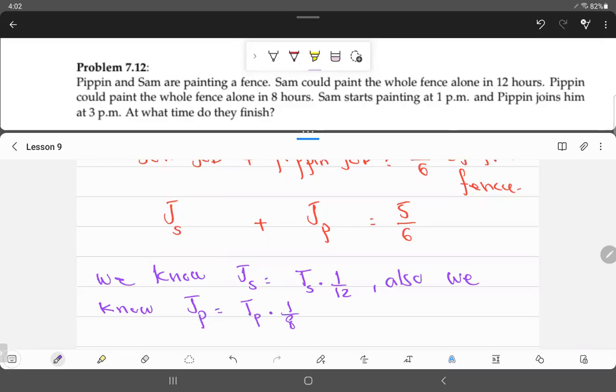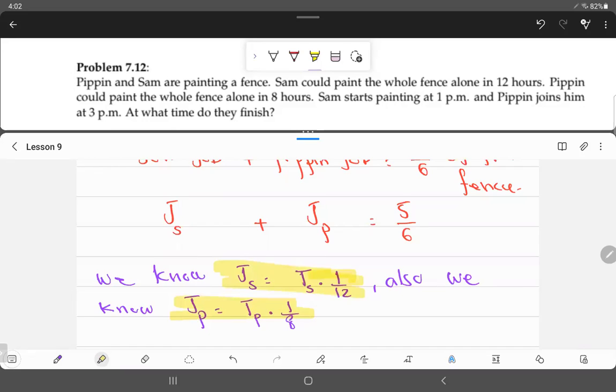This is for Pippin, right? His rate is one fence, the whole job, for 8 hours. Do you agree about these two statements? Yes or no? Yes. Good.